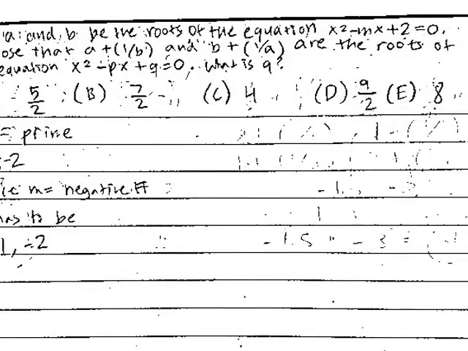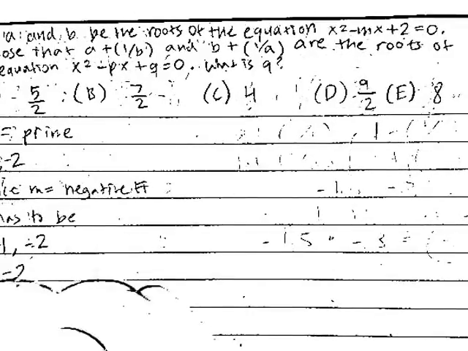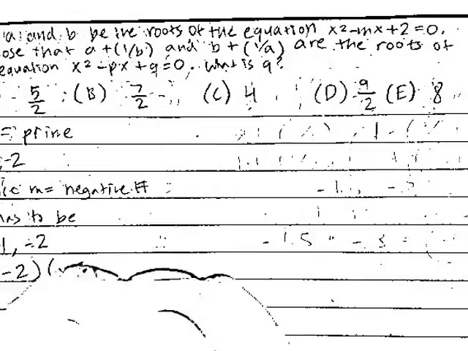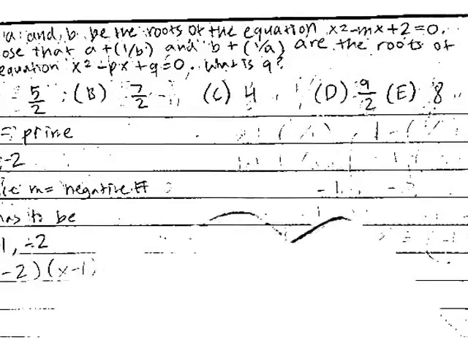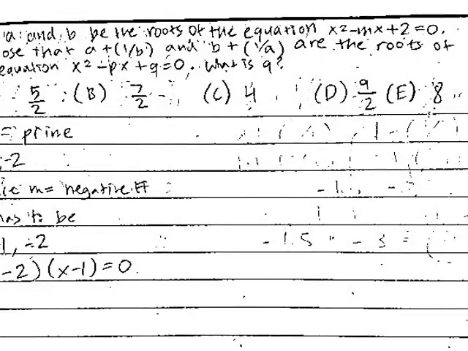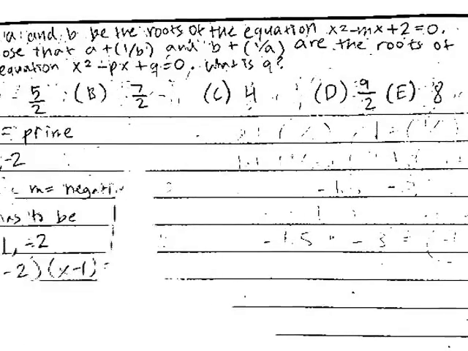Now that we've got that down, if you factor it out, then it'd be x minus 2 and x minus 1 equals 0, which is a factored out version of this equation. And you know that the roots are a and b.